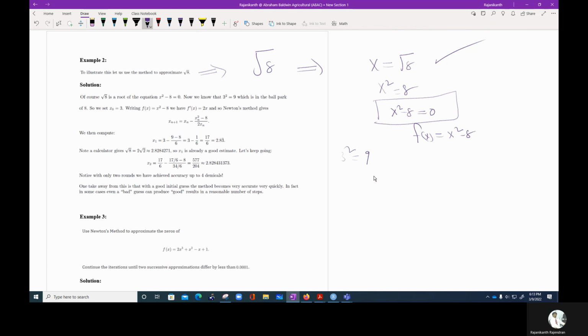So you could use the initial guess value as 3. Initial value, you could use x0 or x1, that's up to you. You could use x0 as well. So that is the initial guess.